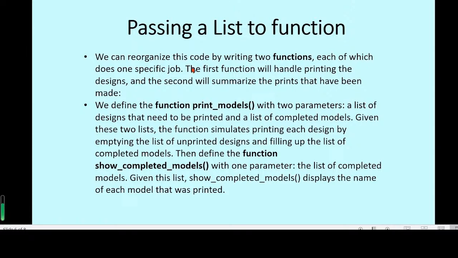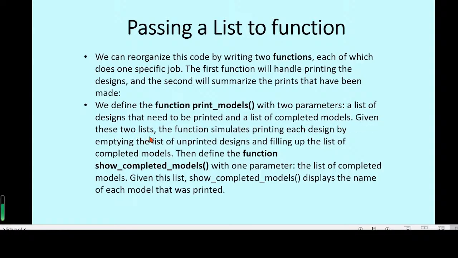So we can reorganize this code by writing two functions, each of which does one specific job. The first function will handle printing the designs, and the second will summarize the prints that have been made. So we define the function print models with two parameters, a list of designs that need to be printed and a list of completed models.